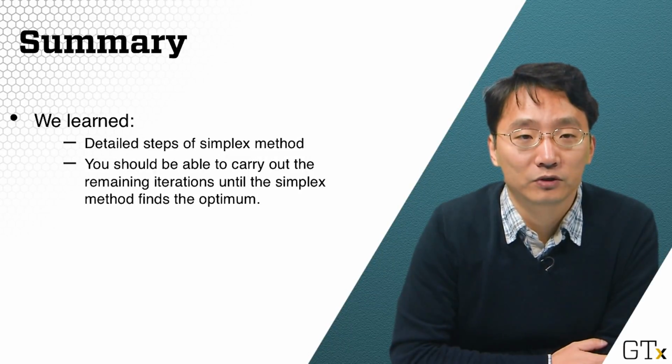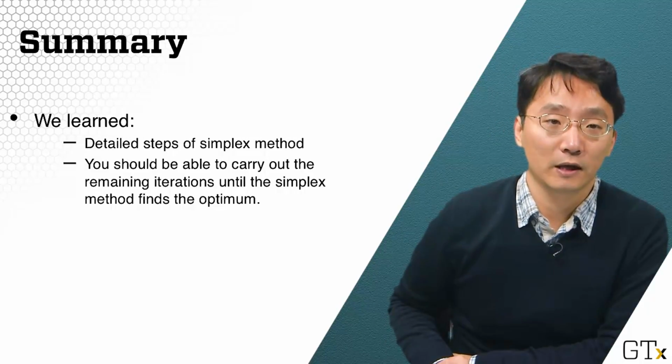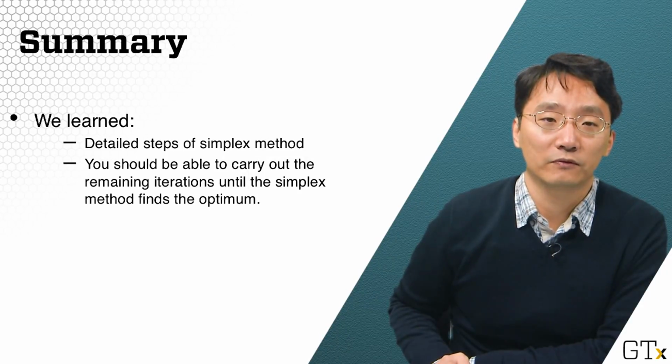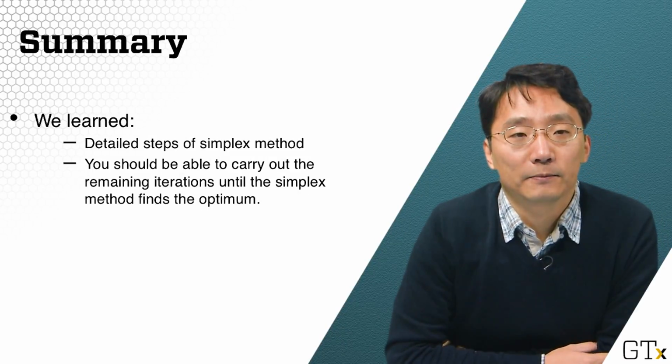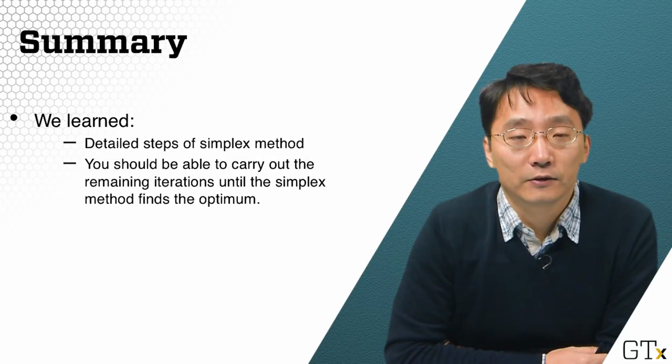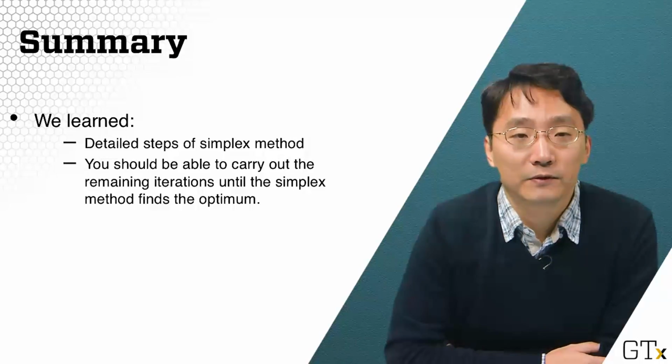So the simplex method will terminate in a finite number of steps, actually only 2 more iterations, and you should be able to find the optimal solution. So that is a detailed example of the simplex method, and this concludes our discussion on the simplex method for this part of linear programming. Thank you very much.